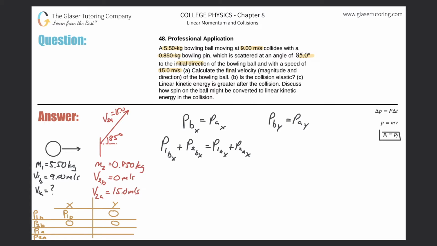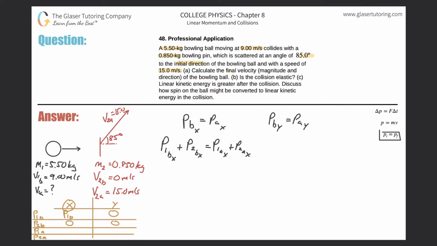Let's now break up the momentum of the first object after the collision. Remember, that's the black ball, and we don't know if it's going to be at this angle. It's going to have another angle to it, all with respect to that x-axis. We don't know where it's going to be. Not a big deal. But we do know certain things about the x and the y components of that vector.